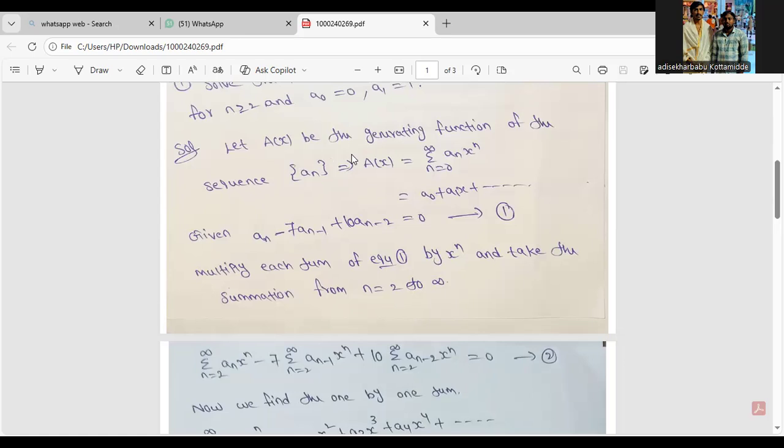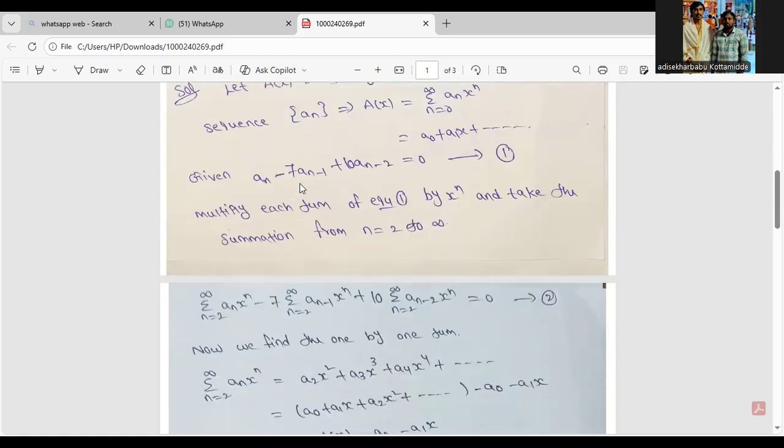Let A of x be the generating function of the given recurrence relation, that is A of x equal to summation n equal to 0 to infinity a n x power n, that is equal to a naught plus a1x plus a2x square and so on.